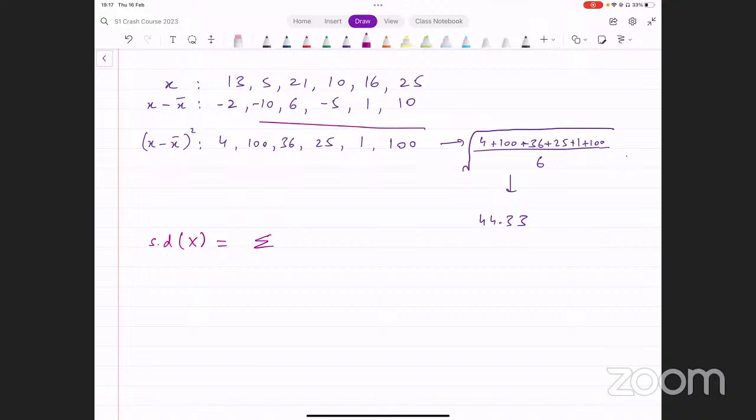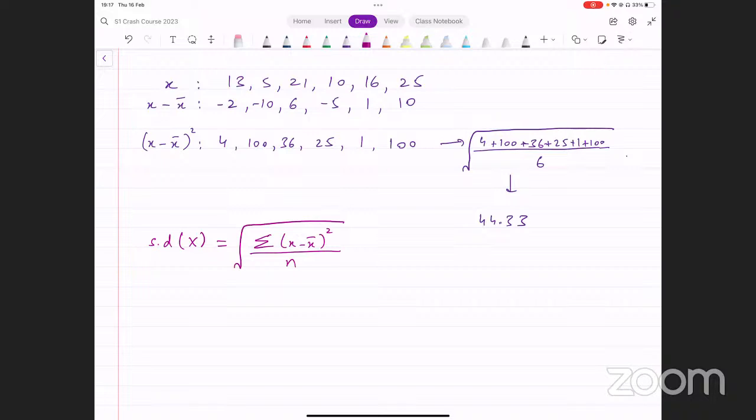So you find these squared differences and then you add all of them up. So that's sigma (x minus x bar) whole square, the squared differences, and then the sum of all of them, whole divided by n. We divide by n, which is 6, take the average, and then we take the square root.